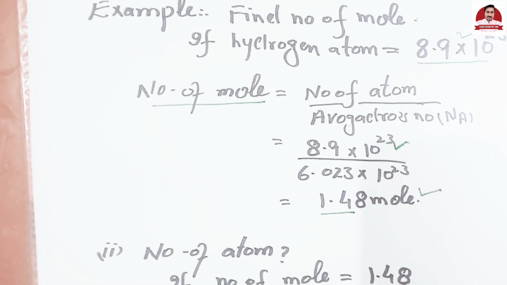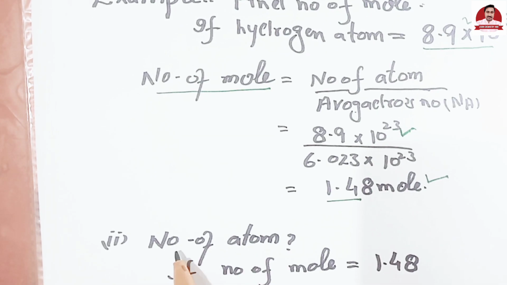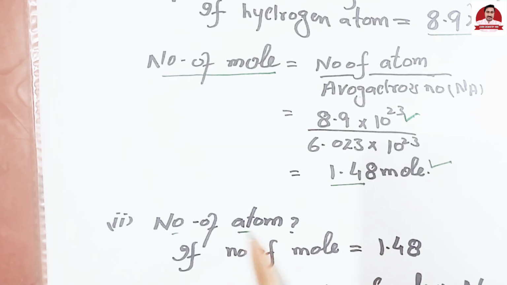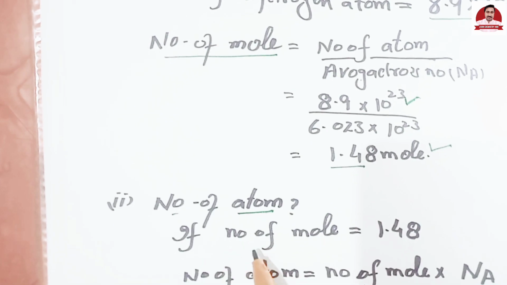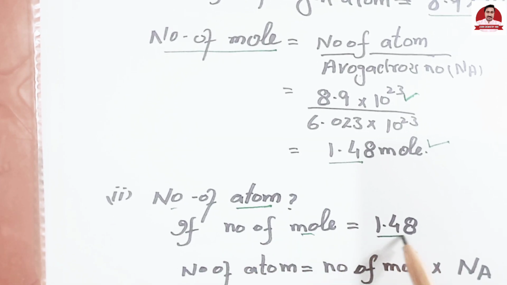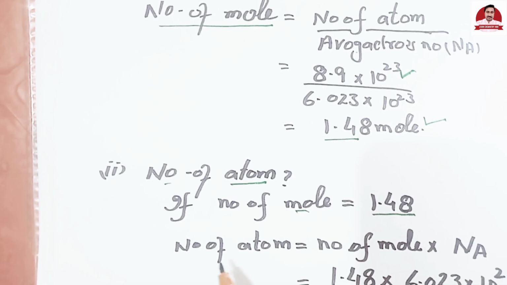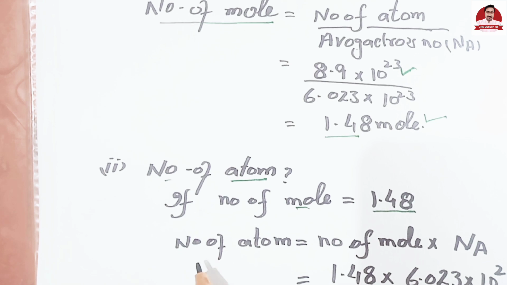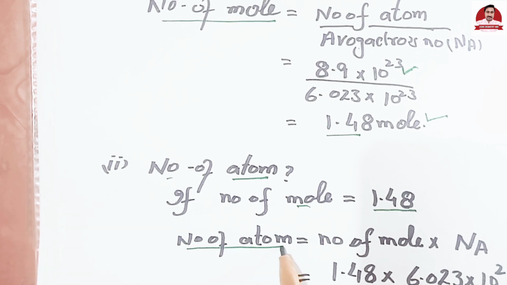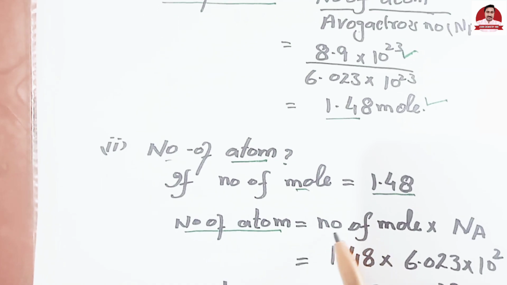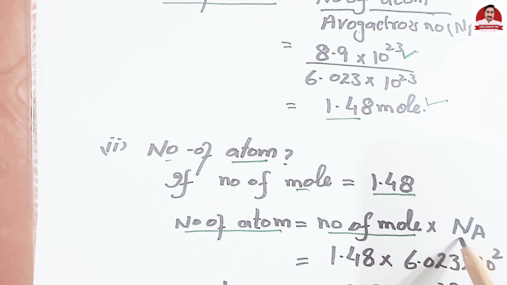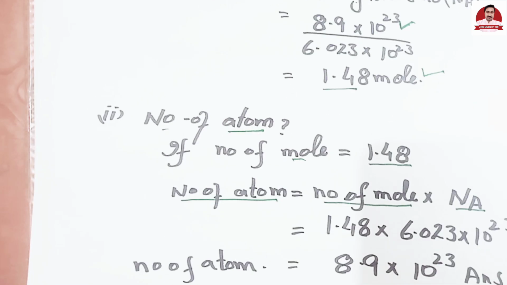Now we can find the number of atoms if we are given the number of moles. So we write the formula: number of atoms is equal to the number of moles multiplied by Avogadro's number.